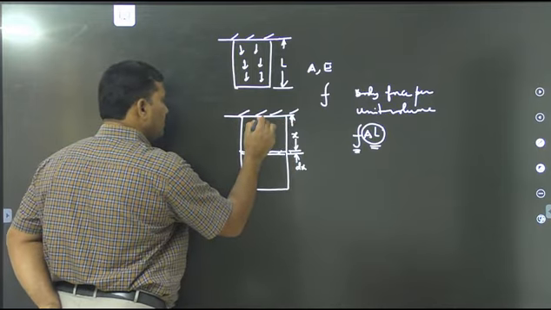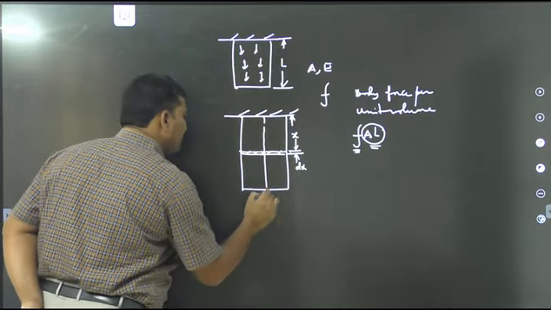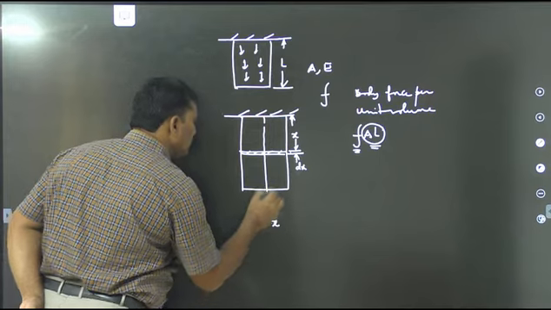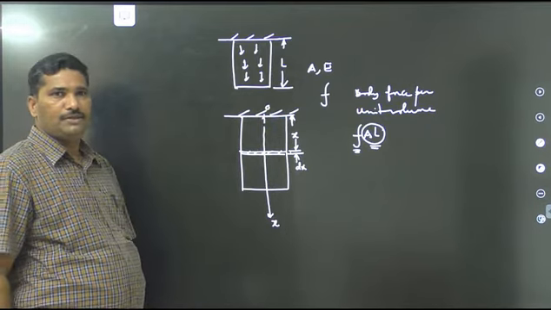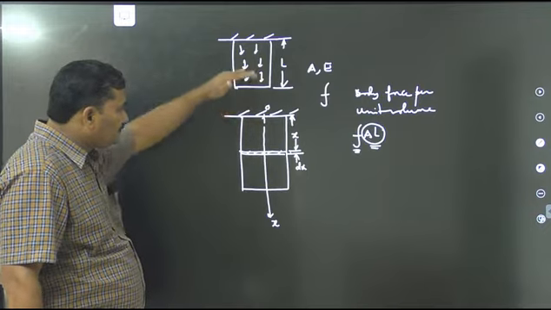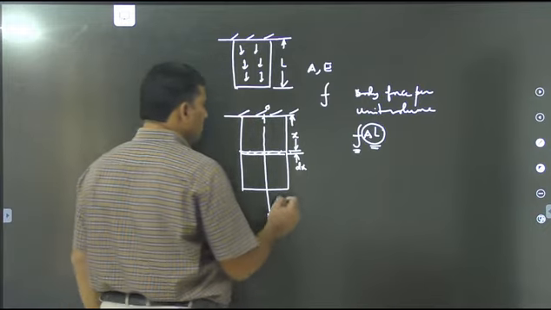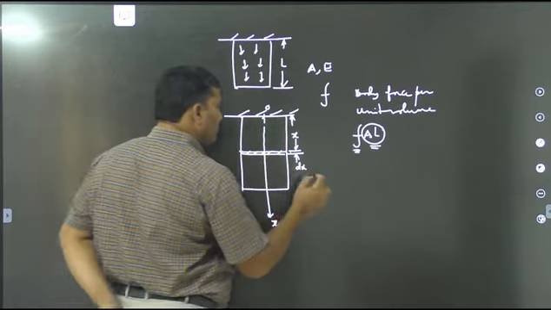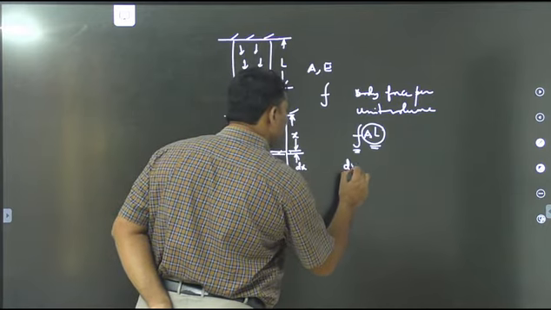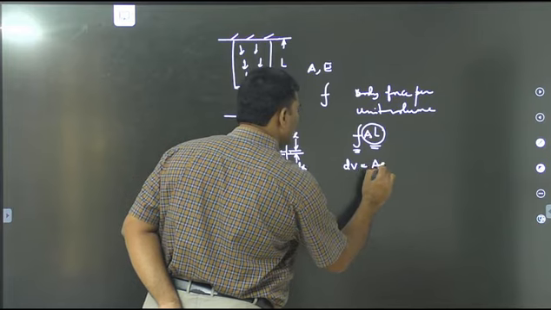This is the orientation of the coordinate axis x. Where is the origin? Here. Because the cross-sectional area is the same throughout, the differential volume of this infinitesimal element is dV equals A into dx.